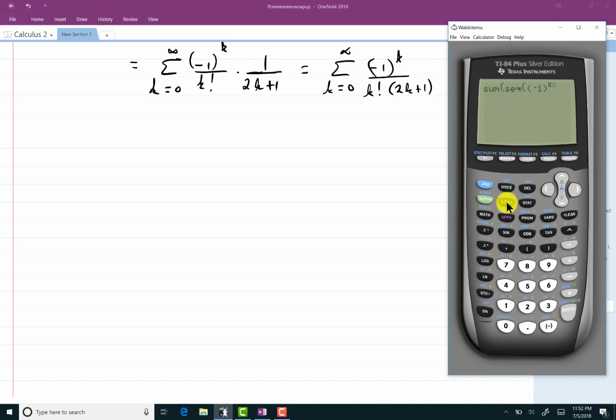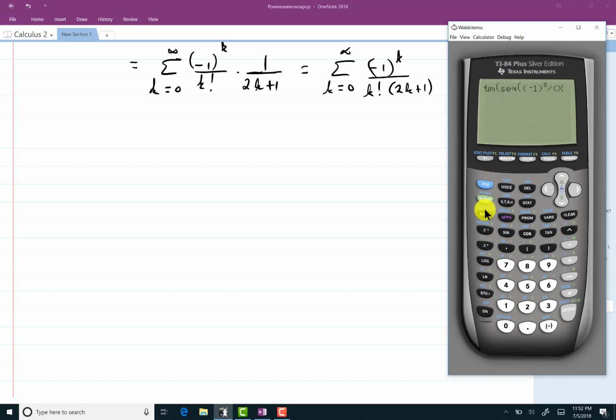Did you see what it did? It put an x instead of a k or an n, which I think you're allowed to do. Let me just continue. I don't know if I have to change the mode or not, but then I'm going to divide. I want to encase the denominator in parentheses. So I'm going to have my k factorial, and in this case, I'm going to use x.